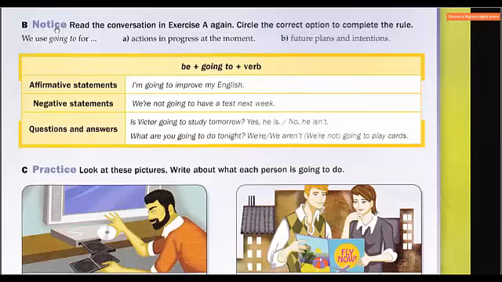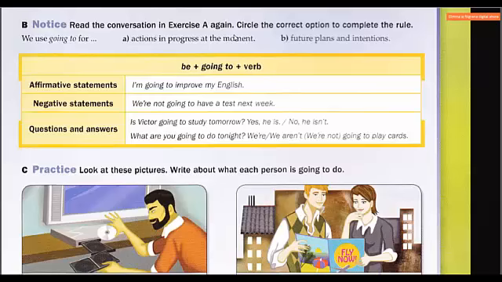In exercise letter B, we have to read the conversation. In exercise A again, you have to circle the correct options to complete the rule. When we talk about present continuous or present progressive, we usually talk about things that happen in the future, but in the near future, okay?